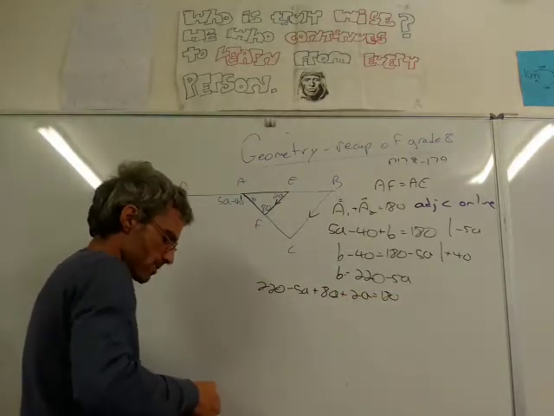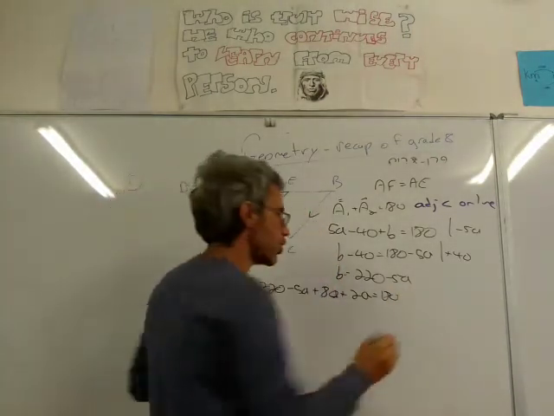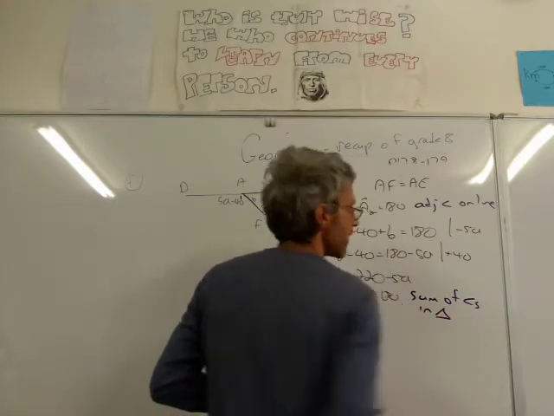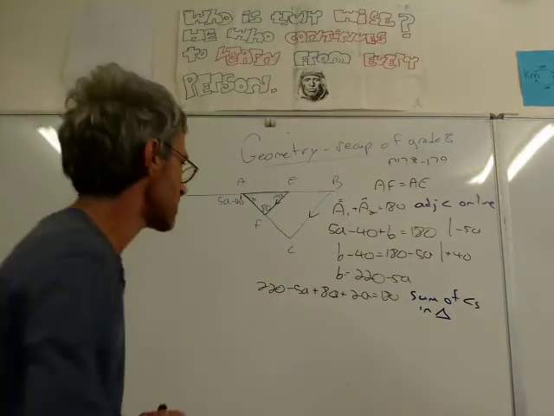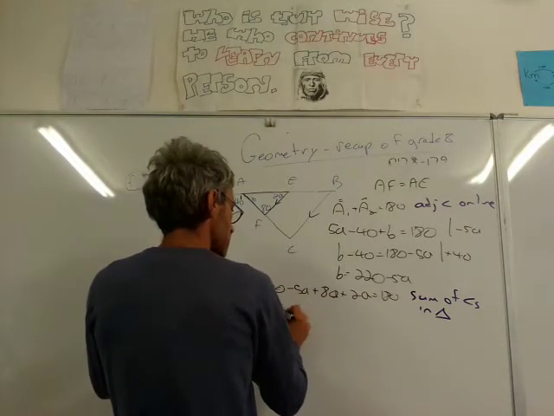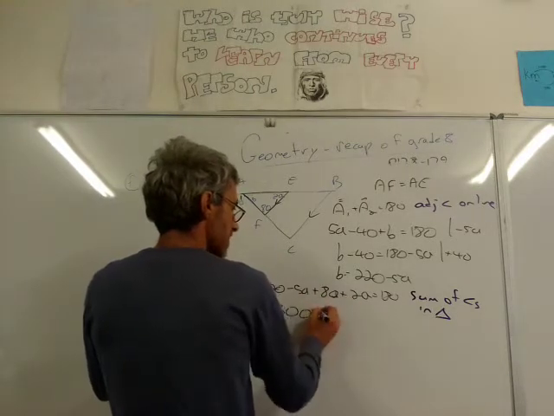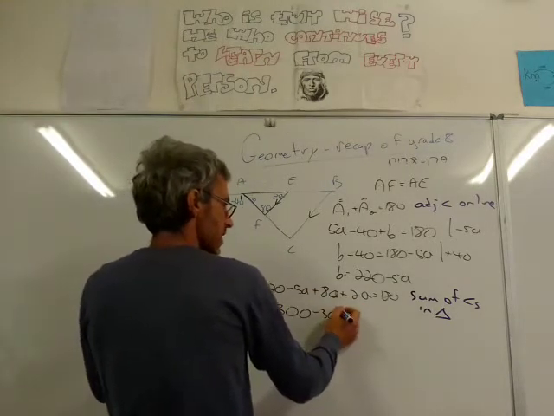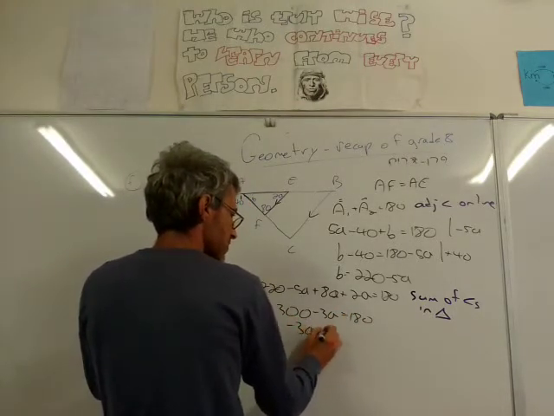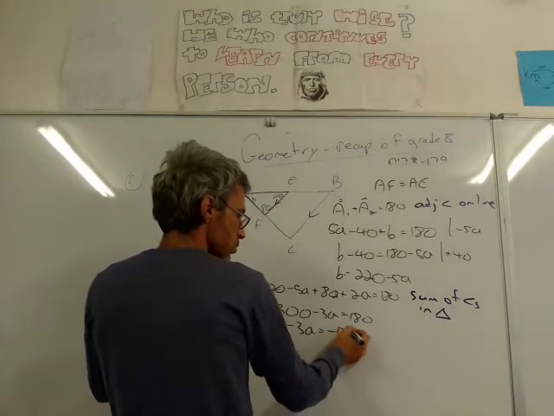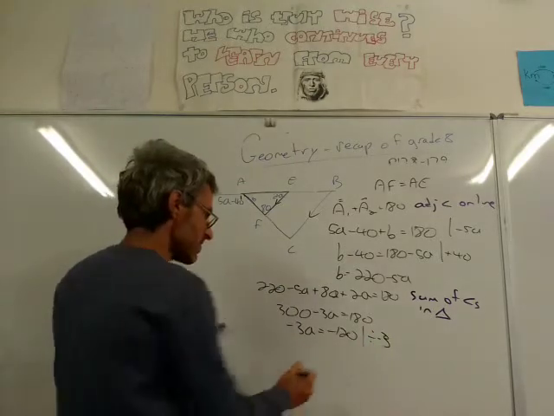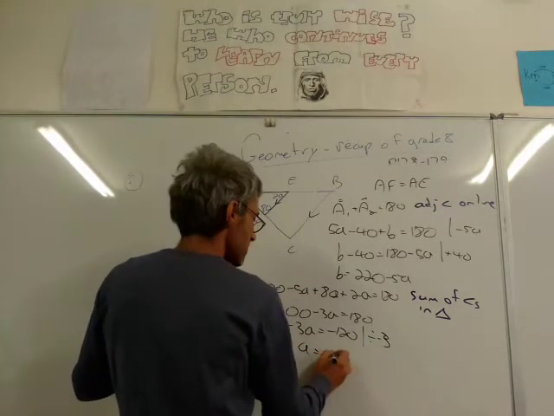This is the new thing we're learning: the sum of angles in a triangle has to add up to 180. 80 plus 220 is 300, minus 5A plus 2A is minus 3A, equal to 180. I'll move the 300 to the other side: minus 3A equals minus 120, divided by minus 3, I get A equal 60.